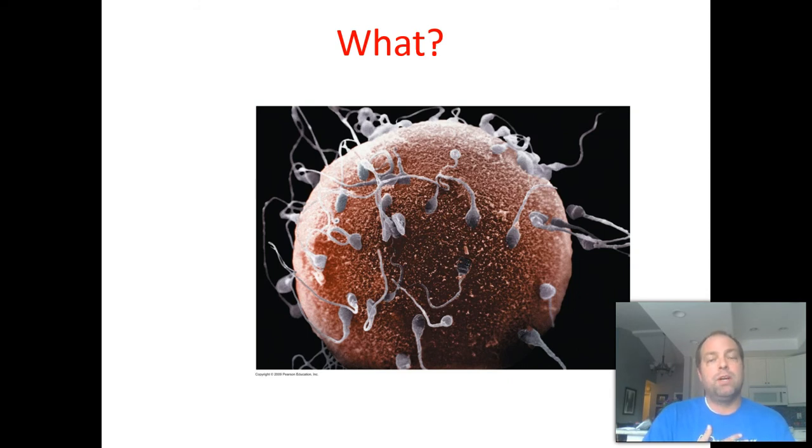I am a result of my dad's sperm and my mom's egg joining together. I look a little bit like my mom and a little bit like my dad because I got DNA from both of them. I got my dad's DNA from the sperm and my mom's DNA from the egg. So, what is sexual reproduction? It's simply the joining of the sperm and the egg to produce a new offspring.